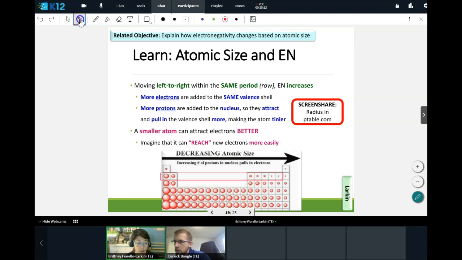But as you go left to right, you actually get more and more protons in the center in our nucleus. And protons are what are attracting that valence shell. And so as you get more protons, you become more attractive to the same exact valence shell. And so you're going to pull in the valence shell more and more, making yourself tinier and tinier. And as you get tinier, you get more attractive.